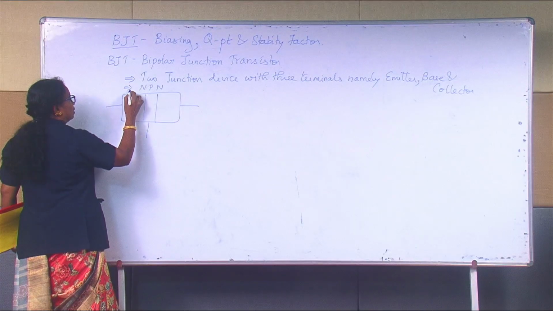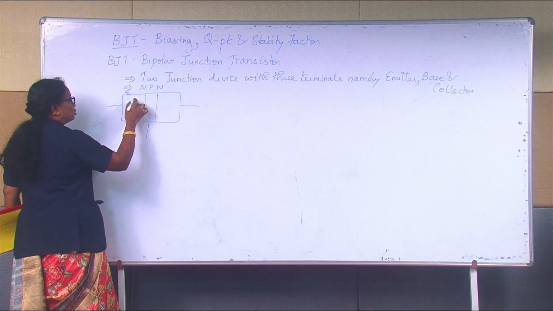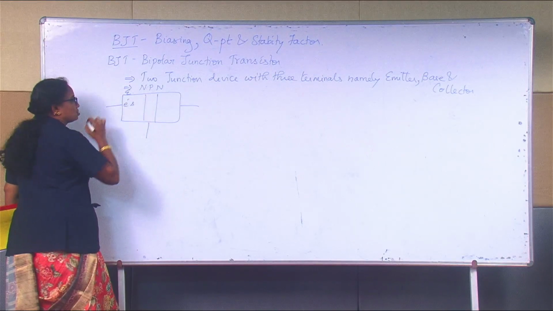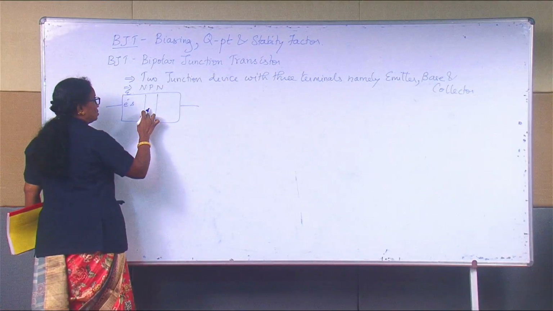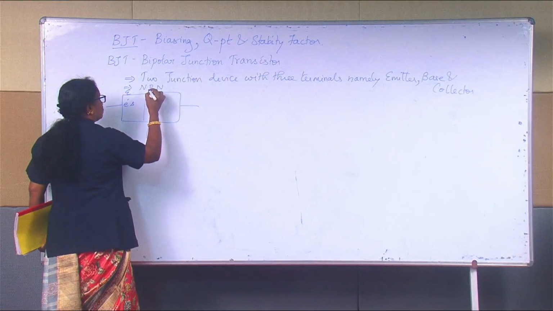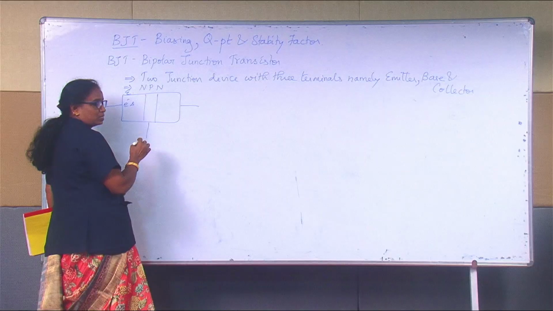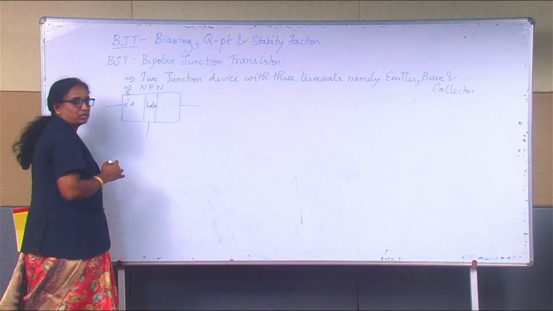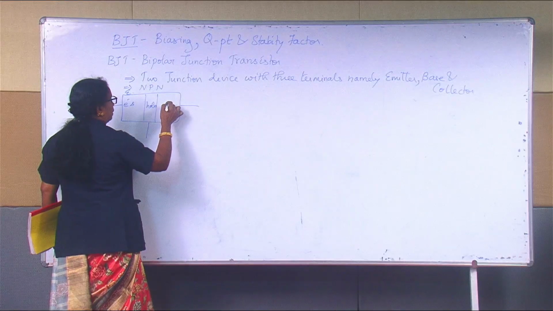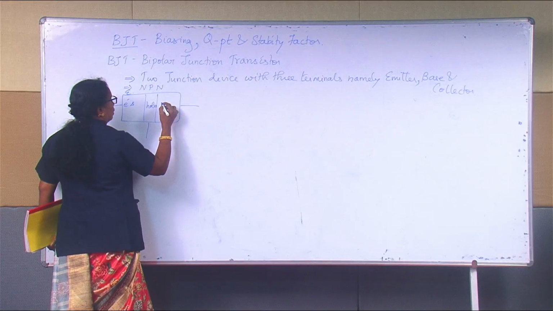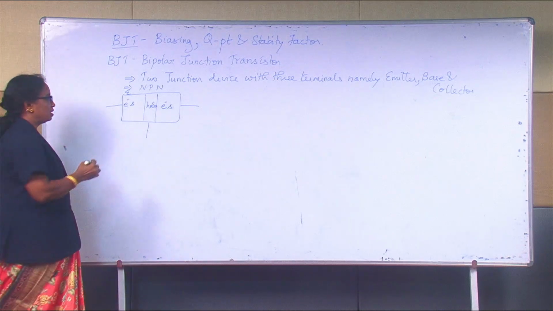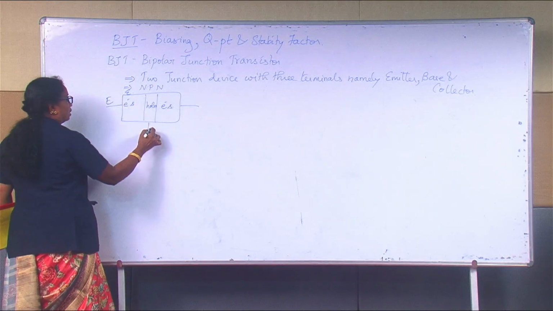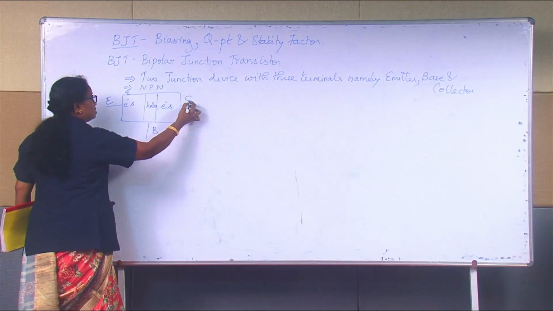The emitter region consists of majority charge carriers as electrons, the base is made of p-type semiconductor which has holes as majority charge carriers, and the collector region which has again electrons as majority charge carriers. These are the three terminals.